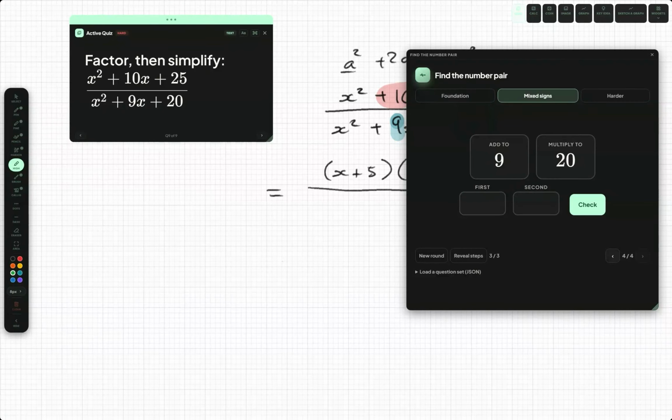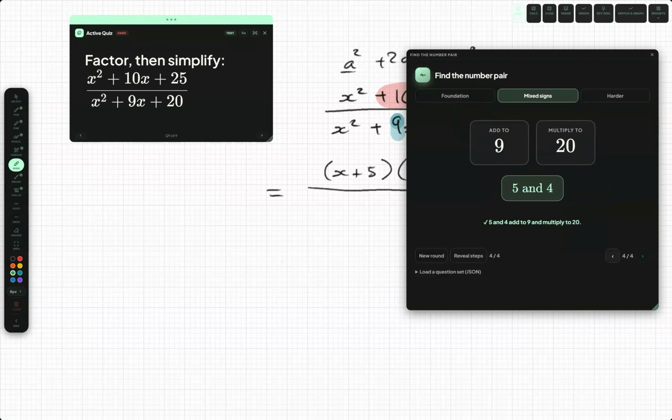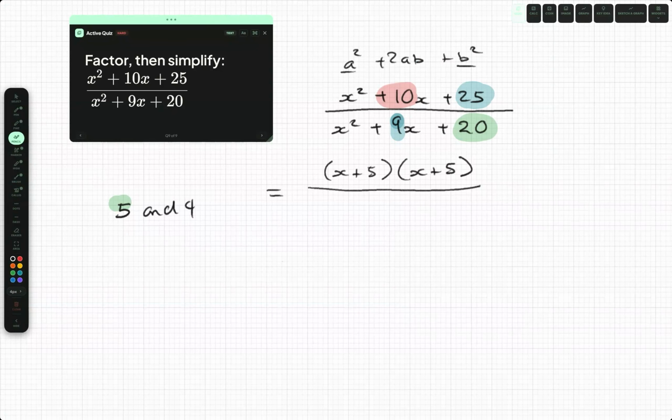Well, 20 times 1, 5 times 4, 2 times 10. 5 and 4 is interesting because if we add them together we get 9, and if we multiply them together we get 20. So these are the ones we're looking for. So we've got 5 and 4, and because of that, we end up with x plus 5 and x plus 4, and we're done. Once we determine these, and their signs are very important, we can just add them in to these two brackets.